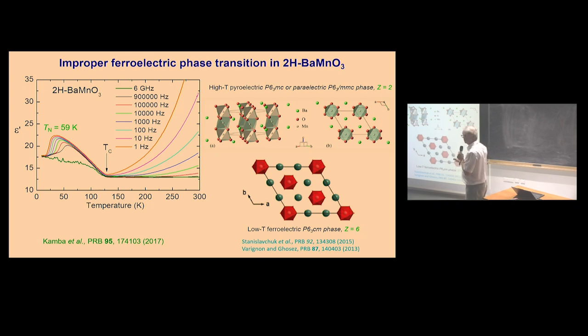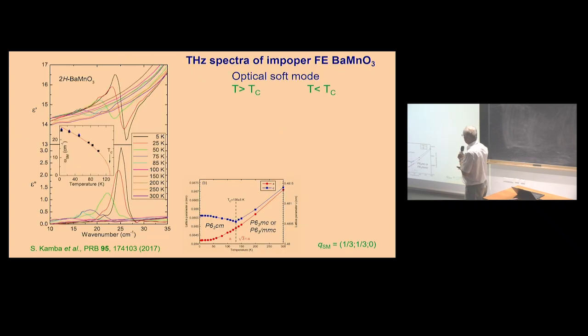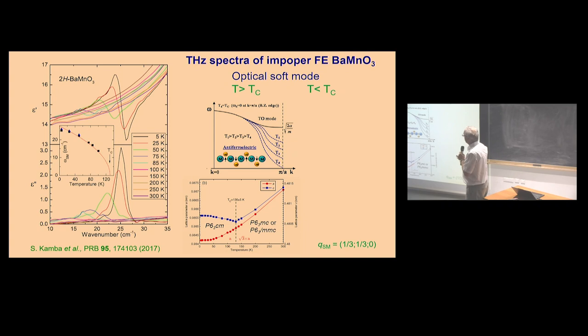Another piece of evidence for this phase transition is the phonon spectra. What happens here is that in the paraelectric phase, the phonon branch in the whole Brillouin zone is softening only at the Brillouin zone boundary. So we cannot see such a phonon in infrared spectra, because the Q vector of infrared radiation is almost 0.